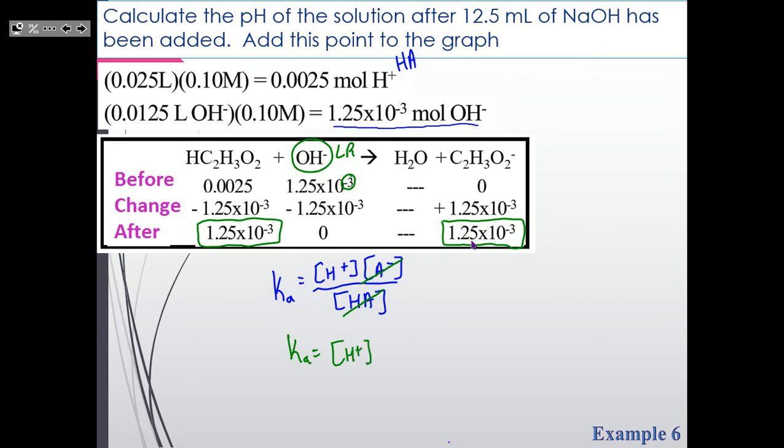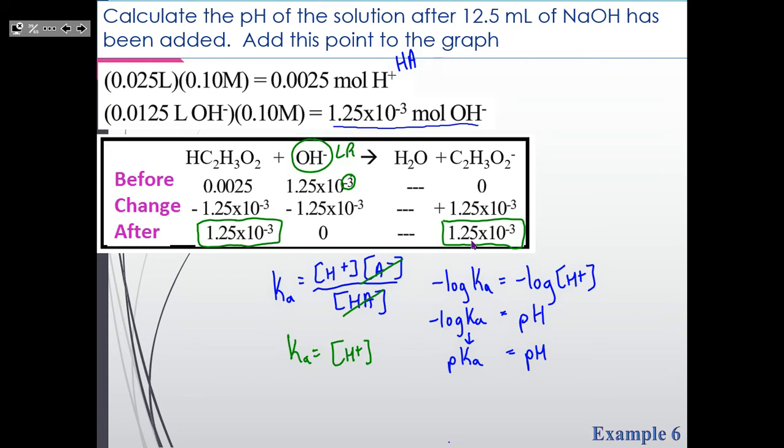And what we can also do is go ahead and do a derivation. If we take the negative log of both sides, we know that the negative log of the H plus concentration gives us the pH. And if we take the negative log of Ka, that gets us something called the pKa.